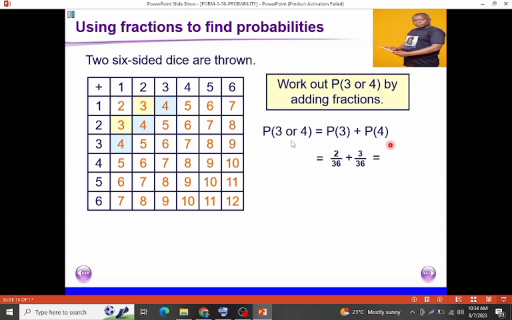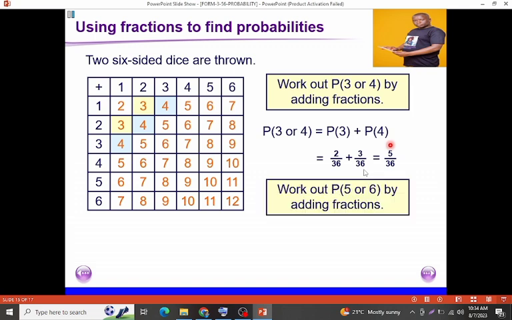In this case, there are 2 3s here. So it will be 2 out of 36. And 3 4s, 1 2 3, it will be 3 out of 36. Then you add them up, you get 5 out of 36.